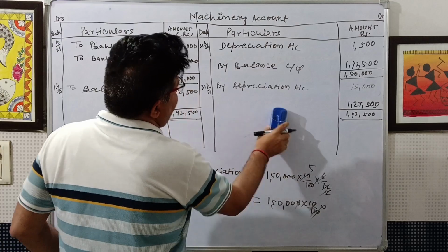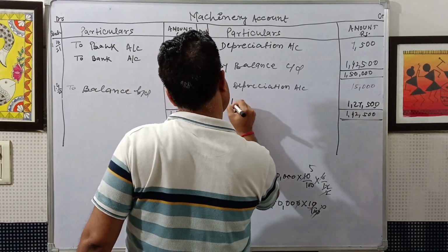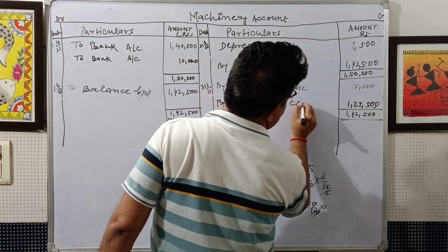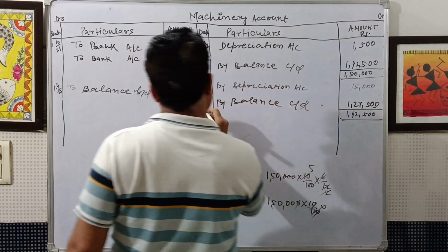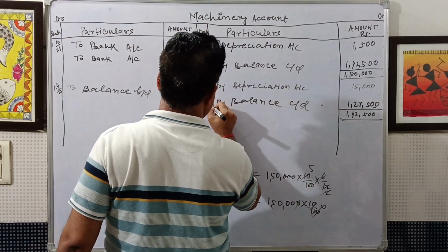Now this is the by balance CD, by balance CB, 31st March 23.